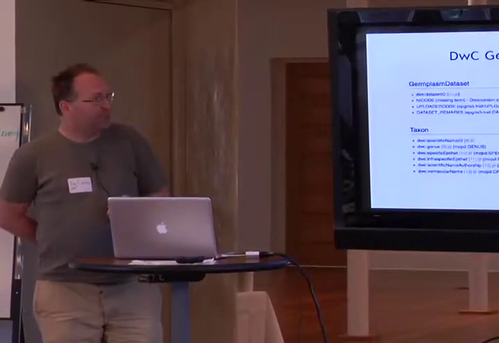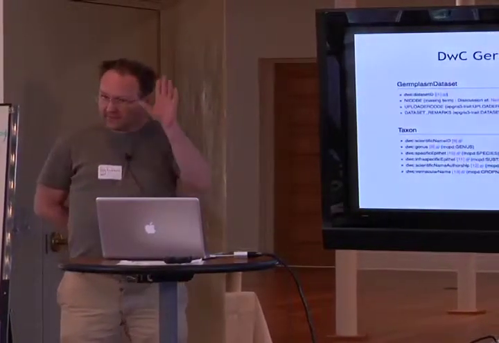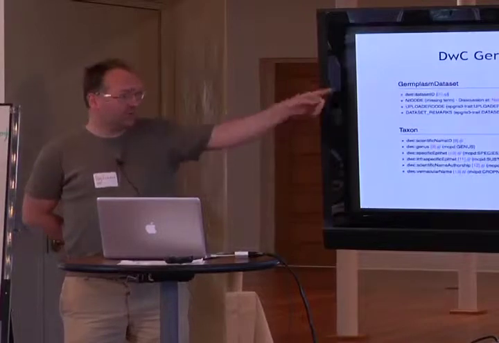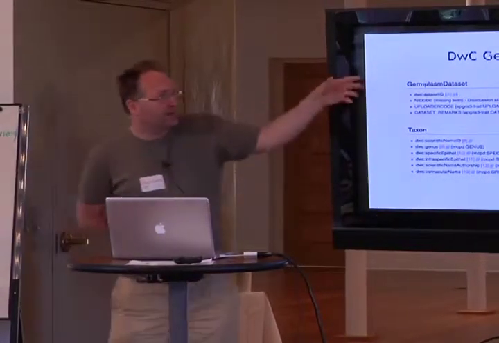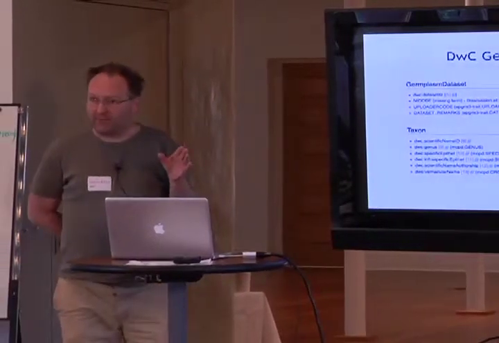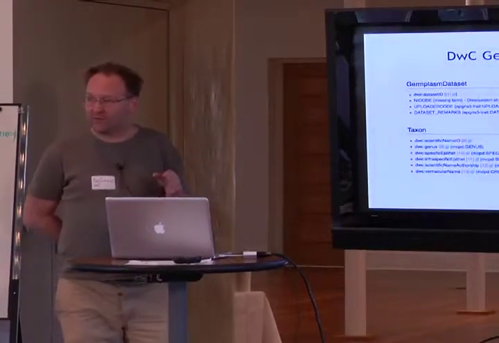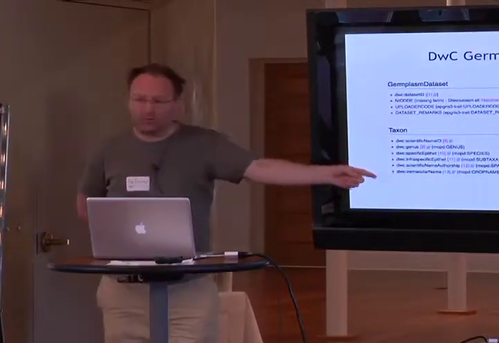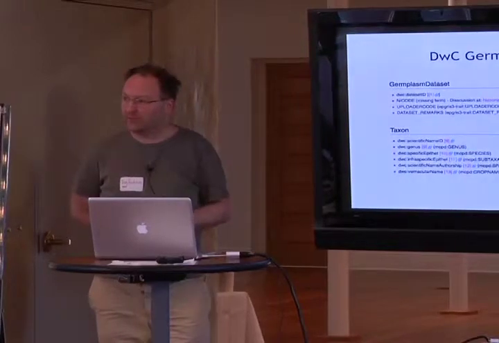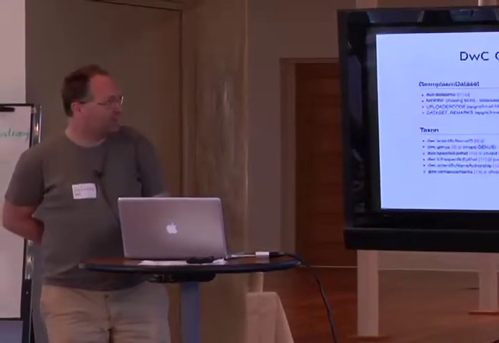So what we did for the extension was very much just to start with these terms and create a namespace for them, a URI for them. Wherever they matched terms in Darwin Core, we were not creating any new terms, we just reused those. For example, for taxon, there's no need to create any new terms. We just included them directly from the Darwin Core terms.